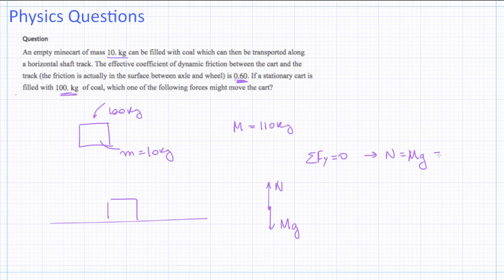So, if we calculate our normal force, it would be 110 kilograms multiplied by the acceleration of gravity, which is 9.8 meters per second squared. Now, if we multiply those numbers, we would actually have 1078 newtons.